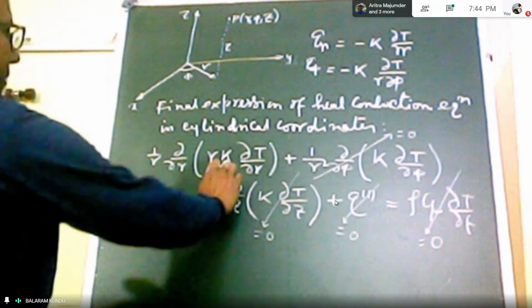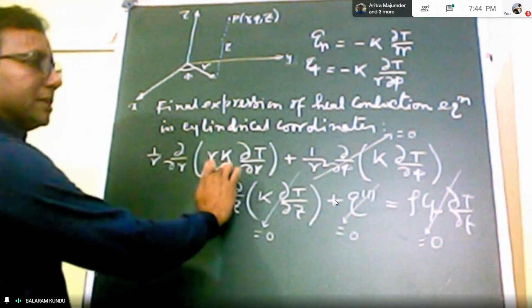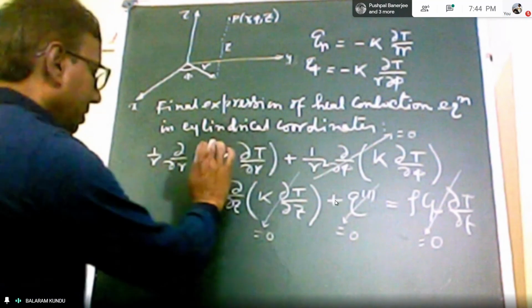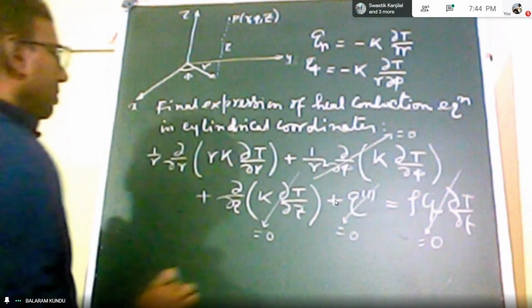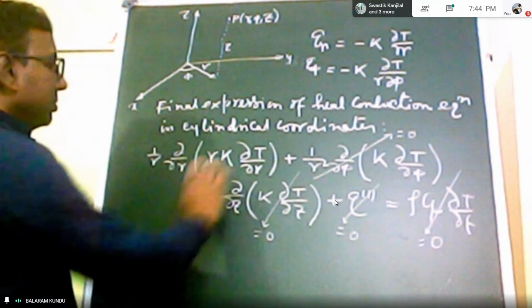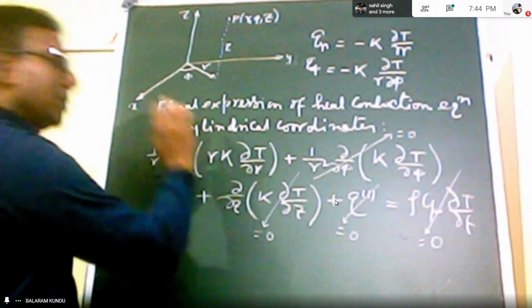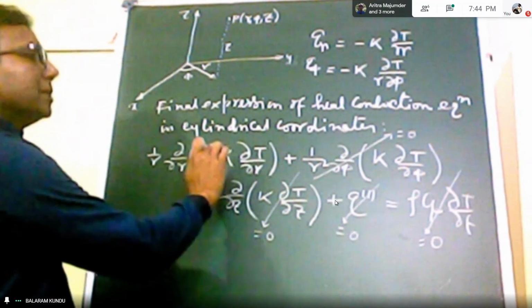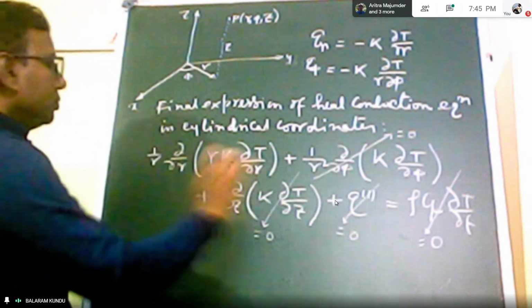Another piece of information is necessary to mention here: K is the thermal conductivity of the cylinder material. K is assumed to be constant.